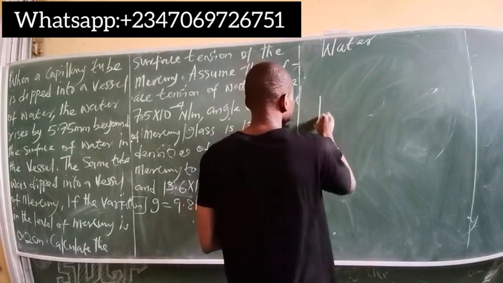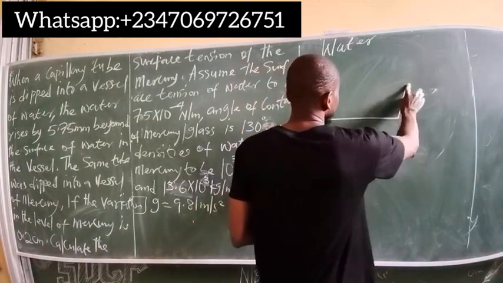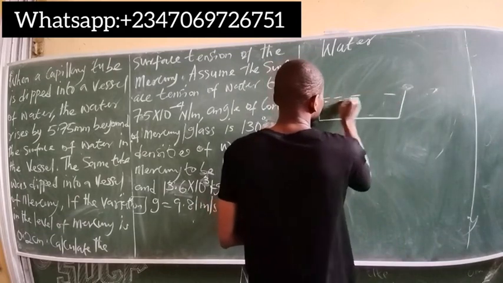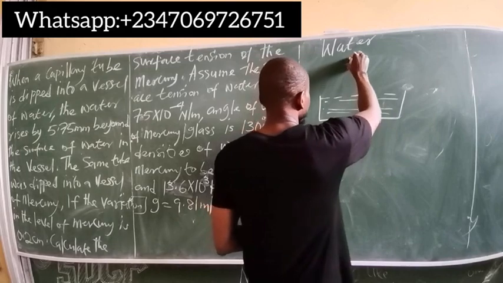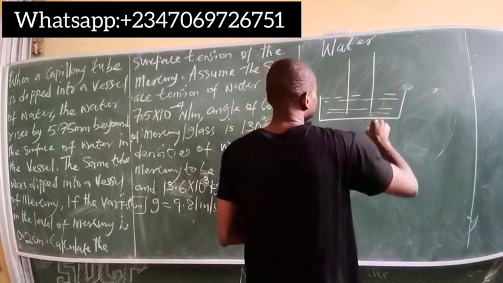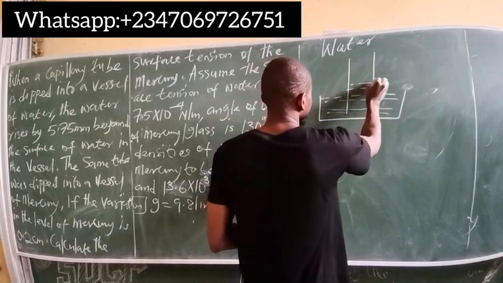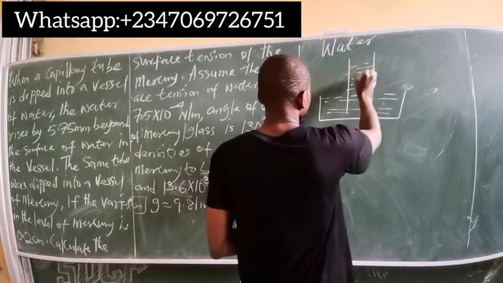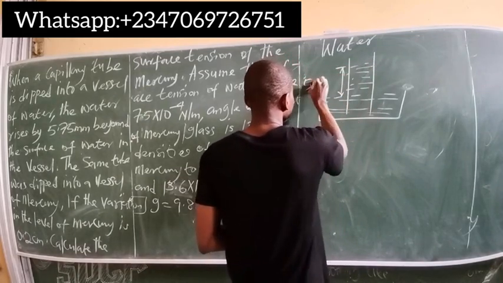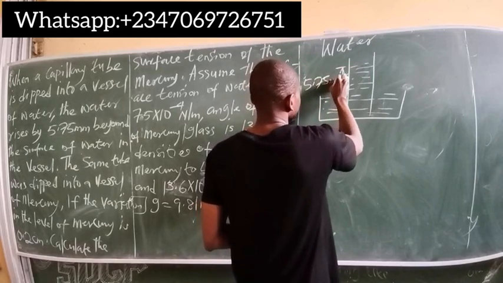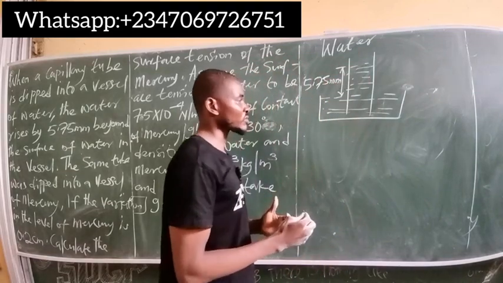First of all, we have the vessel containing water. A capillary tube was dipped into this vessel and the height of water increased inside the capillary tube. The height of water was given to us as 5.75 millimeter, so we are going to convert this height to meters.